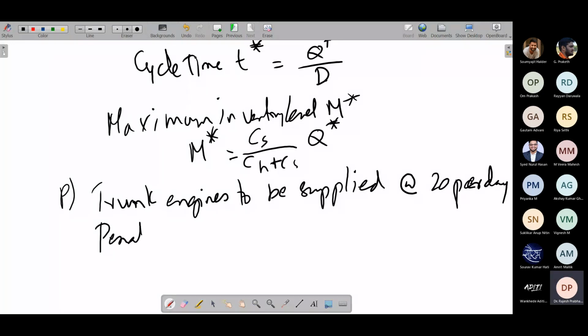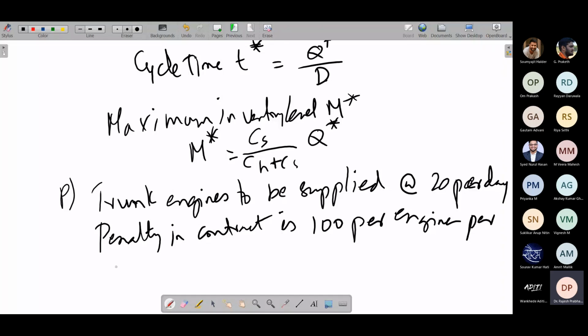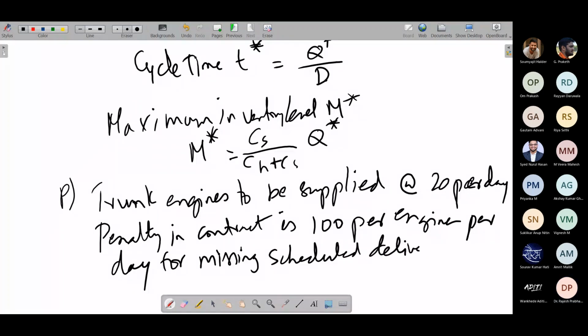The penalty in contract is 100 per engine per day for missing the scheduled delivery date.